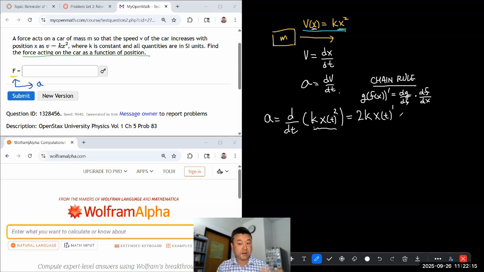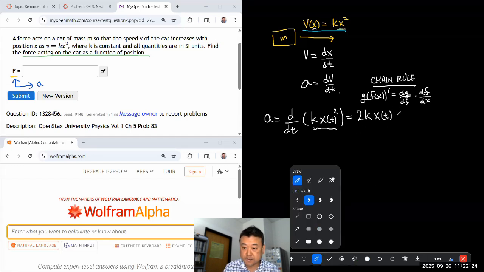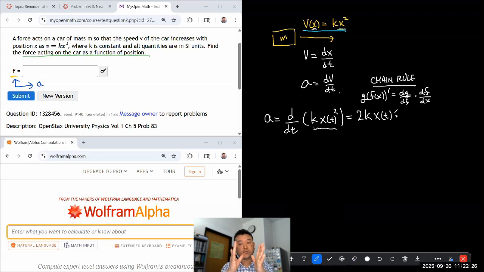So that's what I'm going to do. I'm going to write out 2kx times the inside derivative, of x as a function of time.